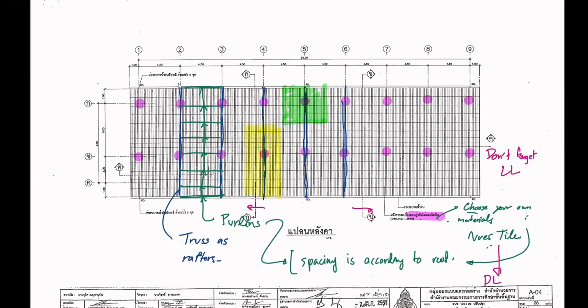Any more questions, maybe? I just want to know about the spacing of metal sheet, because metal sheet can be as long as we want, so that doesn't give the spacing for metal sheet. You mean you're going to use the metal sheet for the roof?